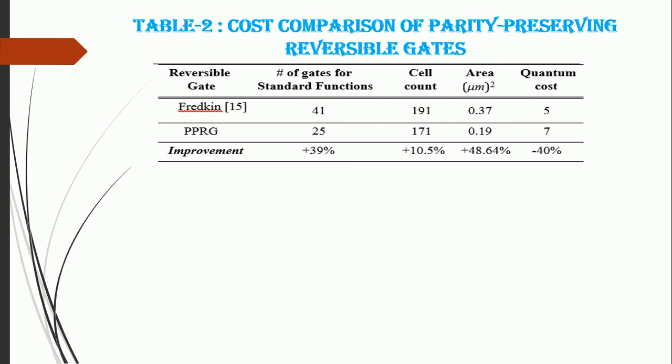Then moving on to the cost comparison of PPRG, we have the comparison between the Fredkin gate and PPRG. As you can see from this last row, improvement has been seen in terms of gates, quantum count, and area also.